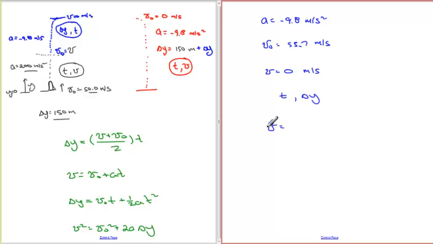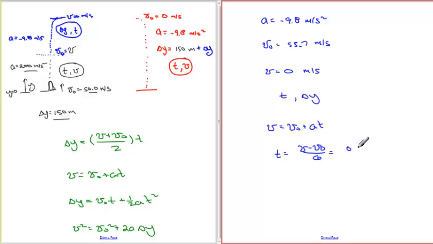Okay, so we're going to do V is equal to V0 plus AT, and we've done this before. We just did this in the previous problem, so it's V minus V0 over A. So V is 0 meters per second, oh sorry, that's wrong.